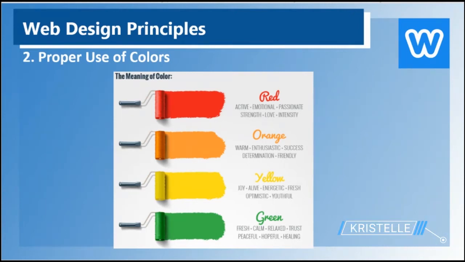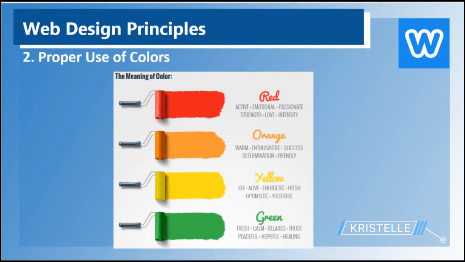Here's a simple guide in choosing your website's color based on the emotion that you want your target audience to feel when visiting your website. Red: active, emotional, passionate, strength, love, or intensity.